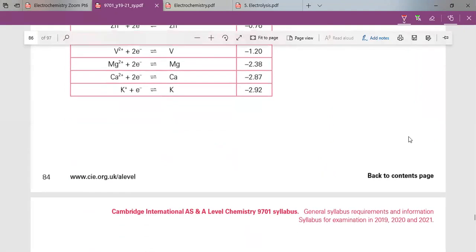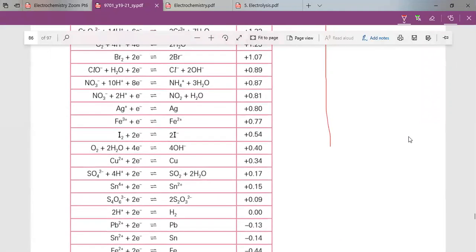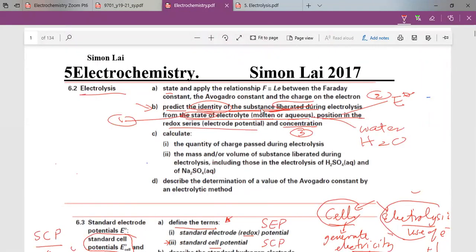That's why the use of your standard electrode potential is very important, and the choice in picking the correct one is very important, to predict the identity of the substance liberated. Whether it is aqueous or the concentration effect, it's all from your E° values. Of course, if it's molten, no problem.